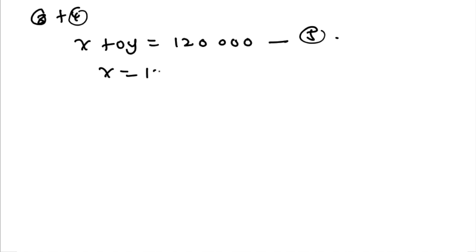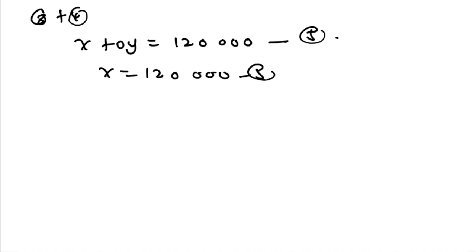So let me rewrite the answer here. It becomes x plus 0y equivalent to 120,000. So I call this equation 5. Now, once I have this equation 5, x is equivalent to 120,000.